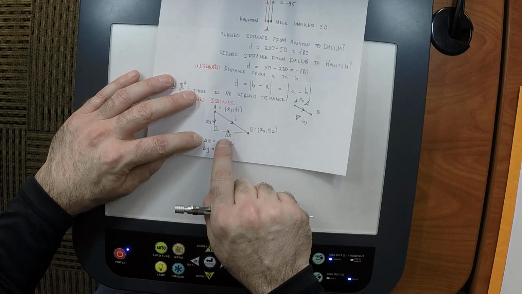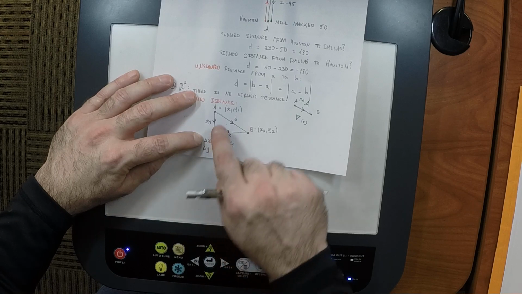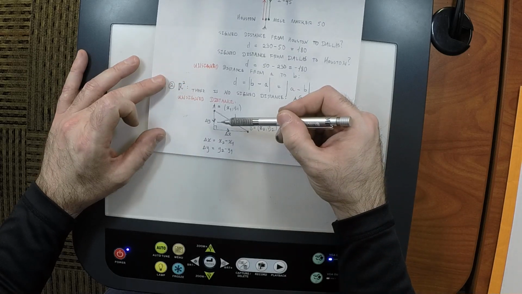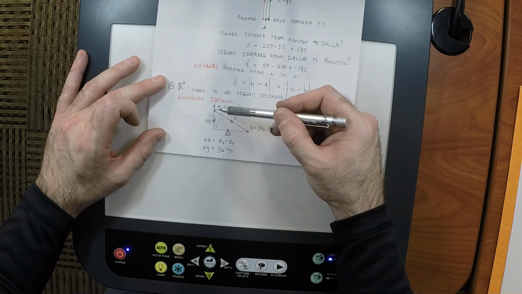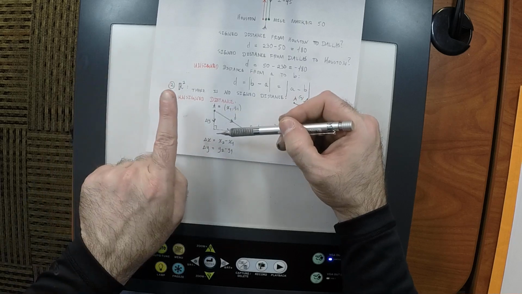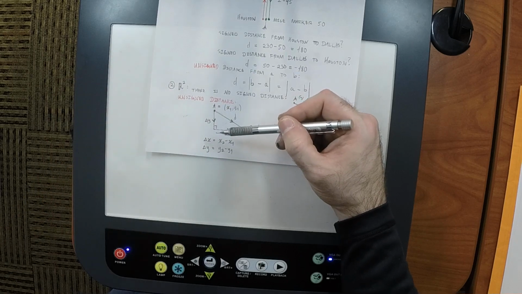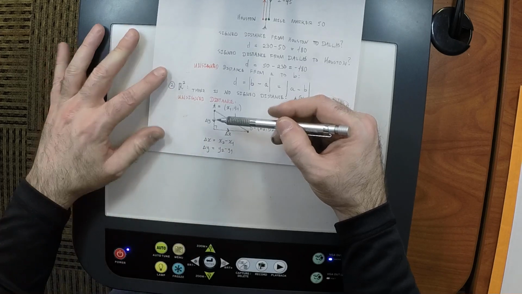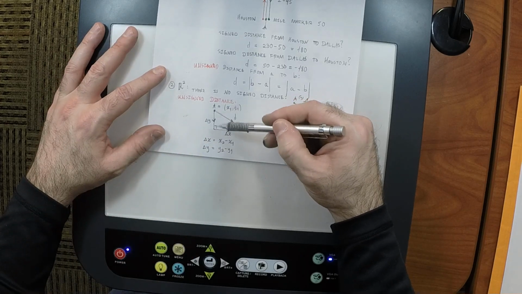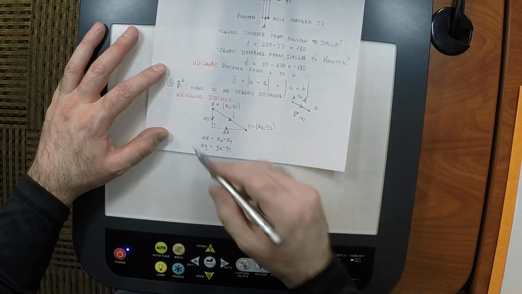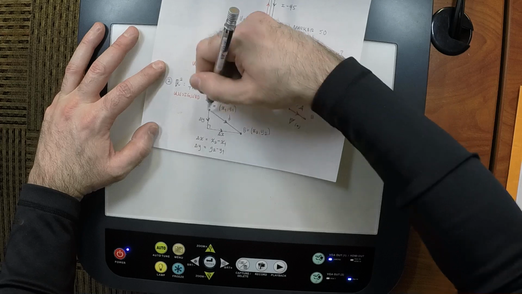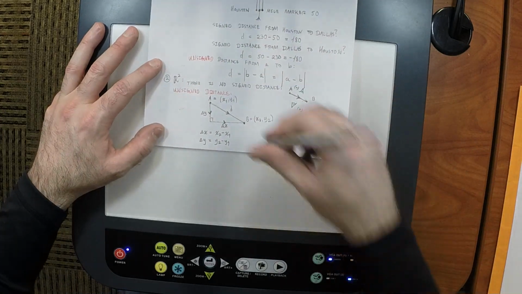So that delta x is positive. How about delta y? Negative. It's going to be negative, because we're going down. And remember that in the right-handed coordinate system, the vertical coordinate increases going up. So this is negative. All right, so those are signed distances.